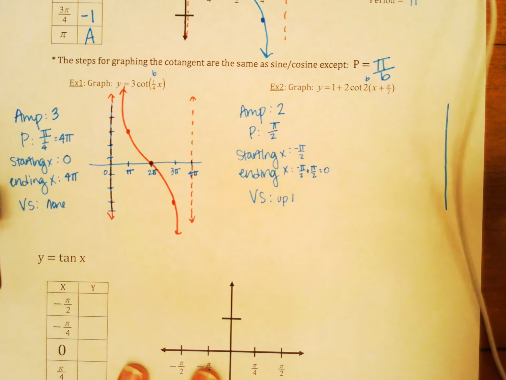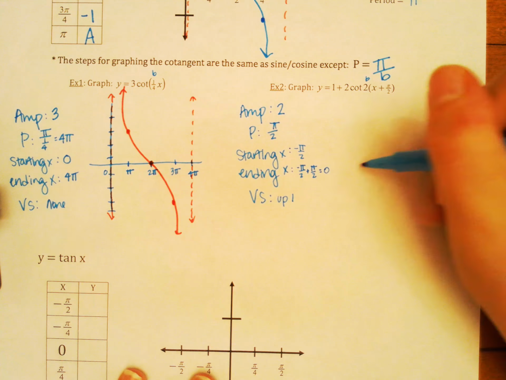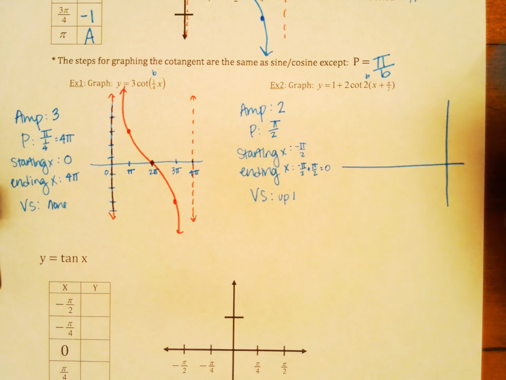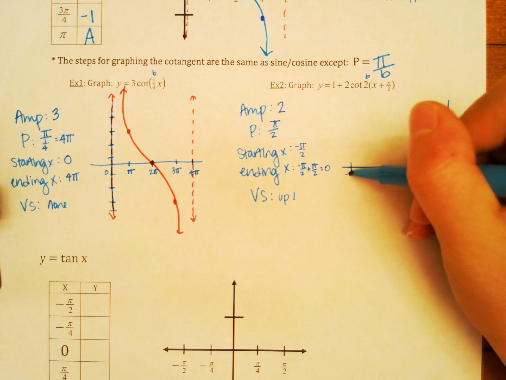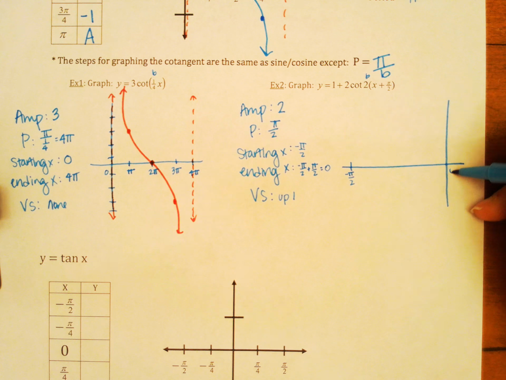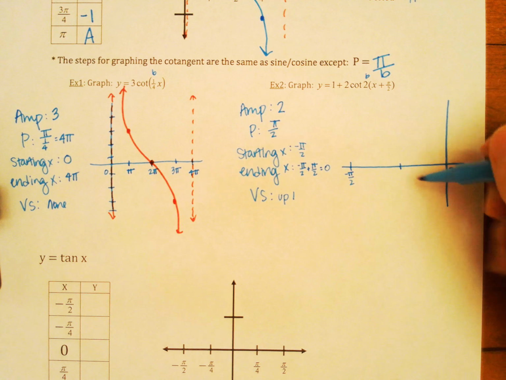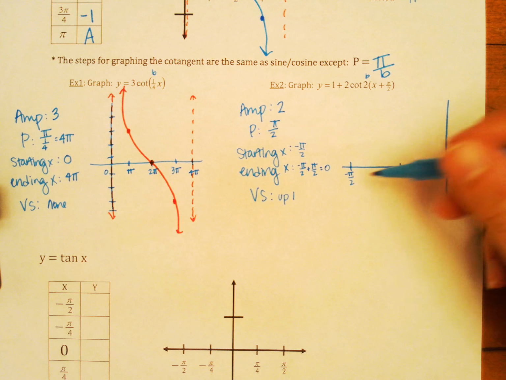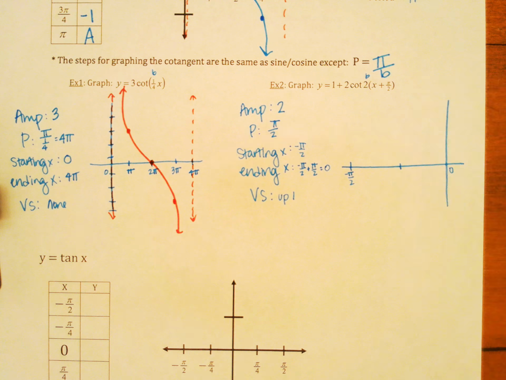So our graph is primarily left of the axis. I'm starting all the way over here at negative pi over 2, ending at 0. And then I need to find, again, the averages of those two values to get my third critical value, of these two to get my second, and then these two to get my fourth.